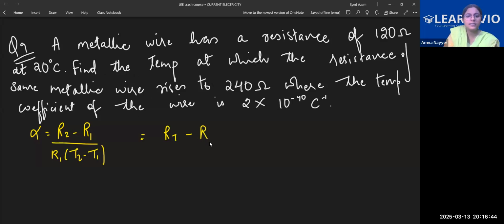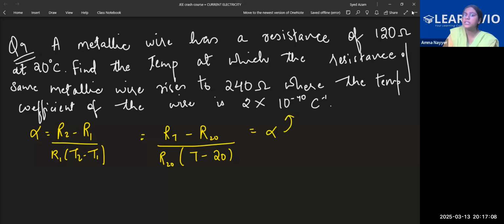That is, here it is given as 20. Okay, R T minus R20 divided by R1, that is R20. Now change in temperature means final temperature we don't know. That we need to calculate. T minus, what's the initial temperature given? It's given as 20. So this is equal to alpha.